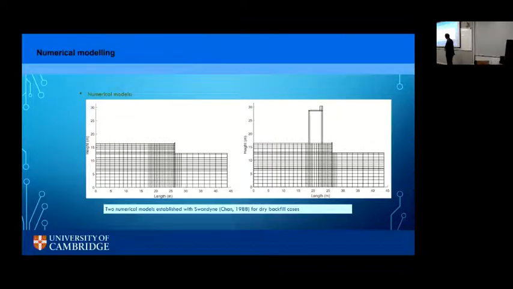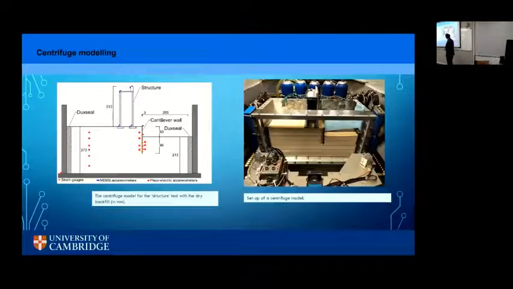And we can run these analyses, and basically we created that mesh to match exactly our centrifuge model, which we also did the tests on. So this is the model with the structure behind, and you can see the retaining wall. Again, the same imaging techniques are used.